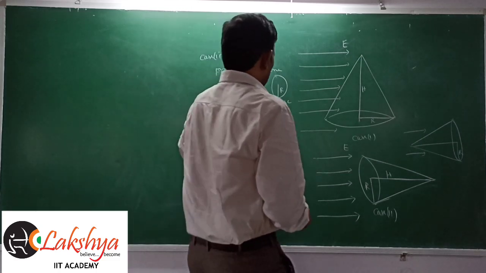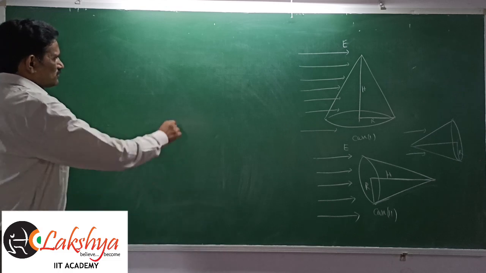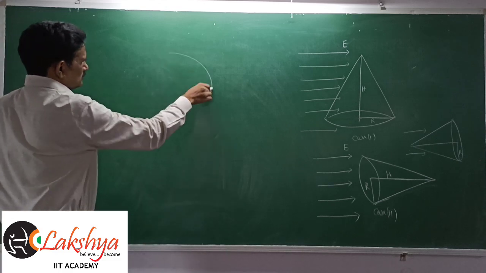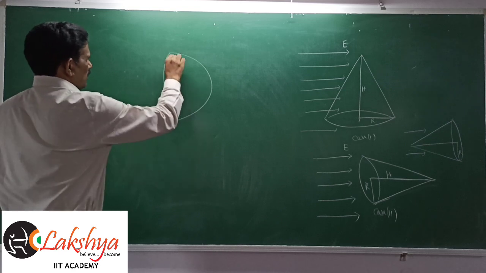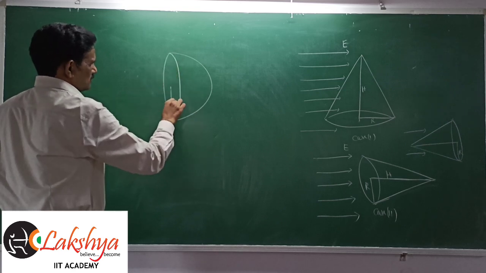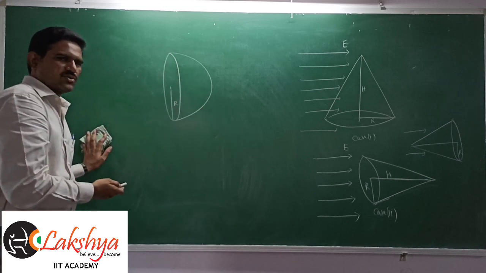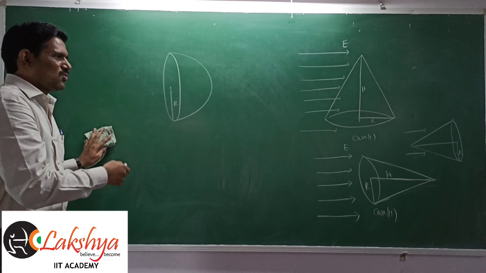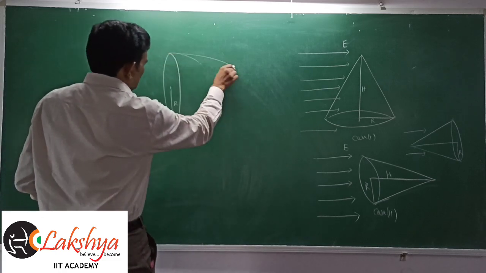Sometimes they will give a curved surface, and here this is a circle of radius r. This may be any surface. It may be a hemispherical surface, or any paraboloid surface, whatever the surface may be. Instead of the hemispherical surface, I am taking some paraboloid surface like this.